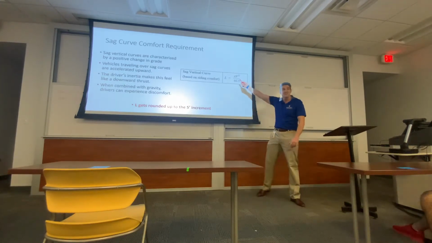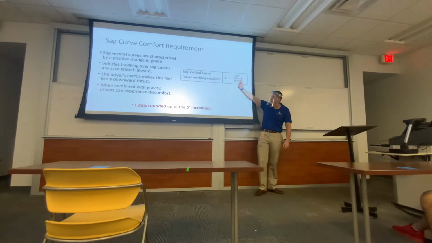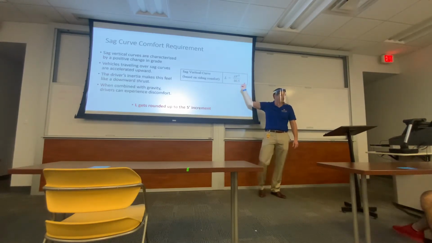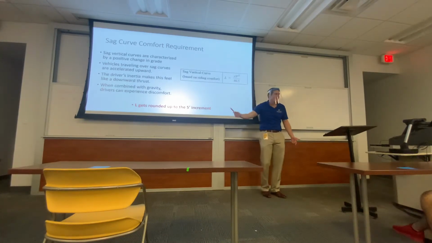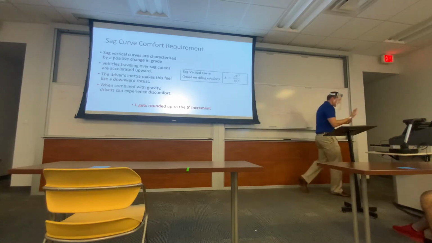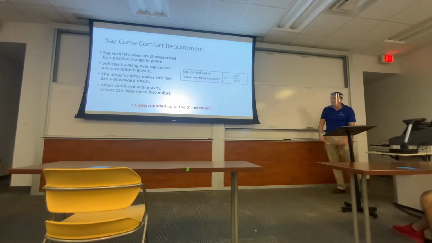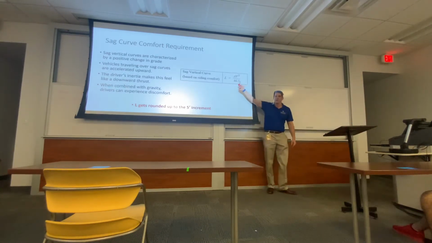So a funny feeling when you drive is not a good thing. So this is like a check. Generally, you're fine on this. If you're providing adequate sight distance, generally it's good. However, there are some situations where mathematically it works out. So the length of vertical curve must be at least this long, and at least the length of the other one. So you take the longer of the two.